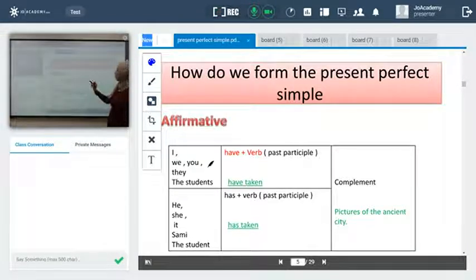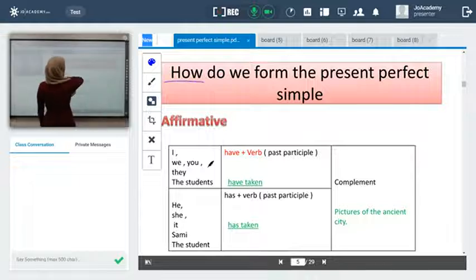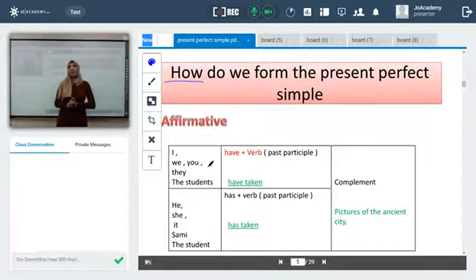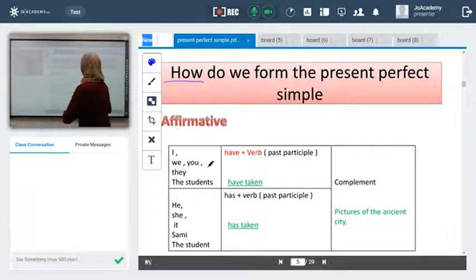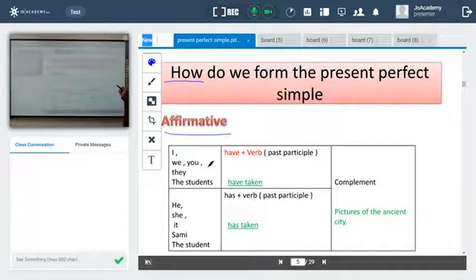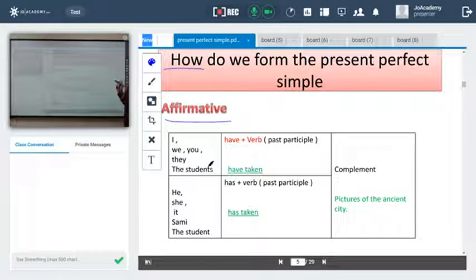So, how do we form the present perfect simple? As I said at the beginning of the lesson, we want to learn how to form it in the affirmative case, in the negative case, and in the interrogative case or the question case. So, in order to form an affirmative sentence with a present perfect simple verb, we need to use a subject at the beginning.